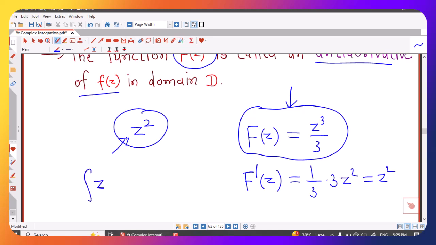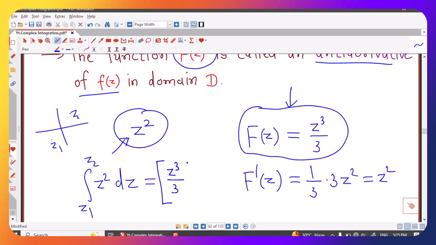So we can write the integral of z square along any path joining any 2 points in the complex plane. This we can directly find by considering this value of z cube by 3 at z1 and z2. So first we will put z equal to z2 and minus z equal to z1.